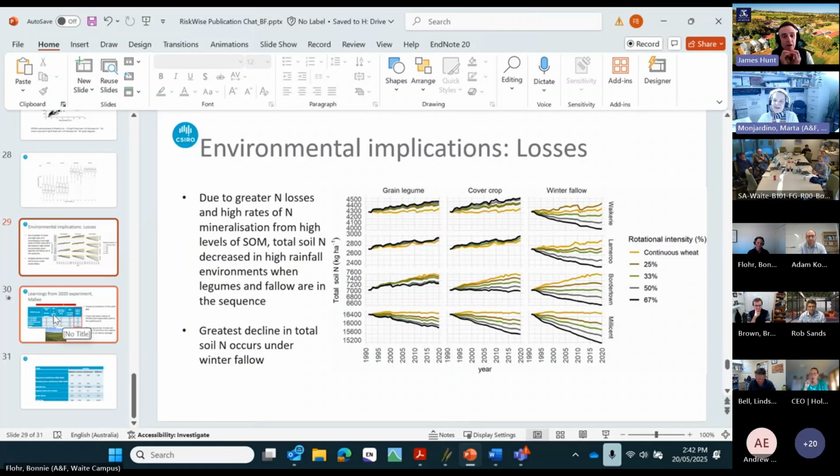Yeah, go ahead. Well, I think there's a paper by David Cann as the lead author that we cite, because this relates to the question about discounted cash flow as well. We thought about it, but because we were covering all of the environmental, the food security, and the economic, it was going to be an epic job to do a whole farm discounted cash flow and try and account for the changes in logistics, or the logistic benefits of fallow, or the logistic trade-offs and antagonisms of having legumes.